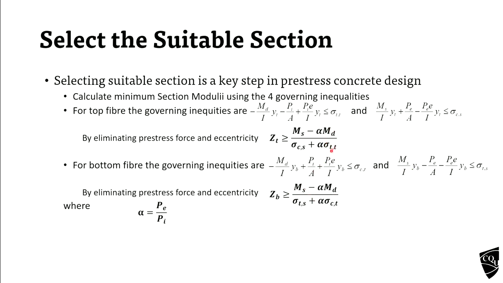So we have two conditions, ZT and ZB, one for the top fiber, the other for the bottom fiber. What does the first one say? ZT, this is a section modulus, the section modulus for the top fiber, should be larger than this value.